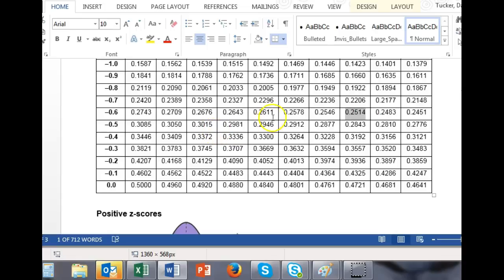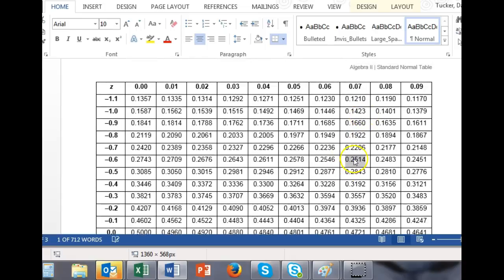Then we look across to the z-score for that percent, which is negative 0.6, which is what we expected, right? A negative number. Then we scan up from there to get the hundredths, so it's negative 0.67 from the top column.